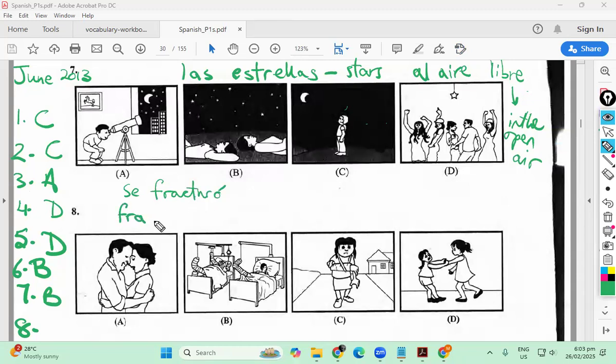From fracturarse, to break like a bone. So it's reflexive, right? I don't know why I have this in brackets, but I do. All right, el brazo. All right, so who has broken their bone? Who has broken their arm? El brazo.